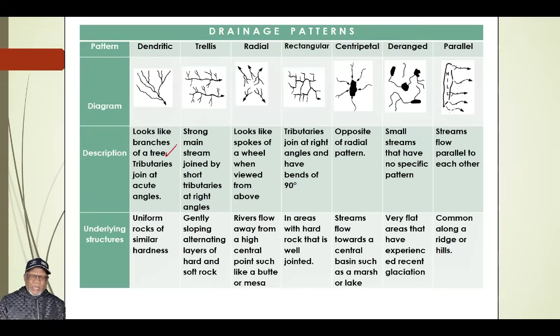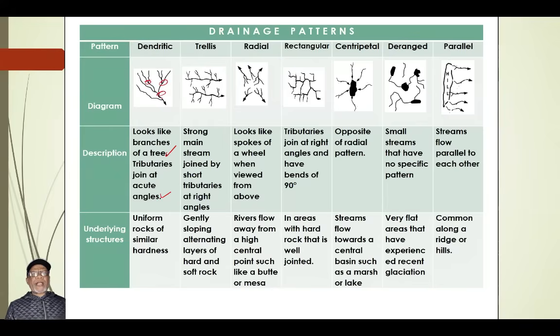It does not look like a tree, but like the branches of a tree, because different trees will have different shapes, but the branches inside a tree will look more the same. And the tributaries join the mainstream at an acute angle. There's an acute angle that we are looking at here. So that is the characteristics.